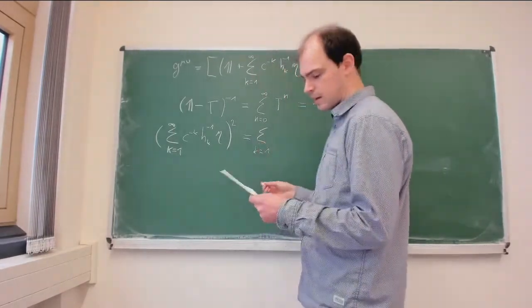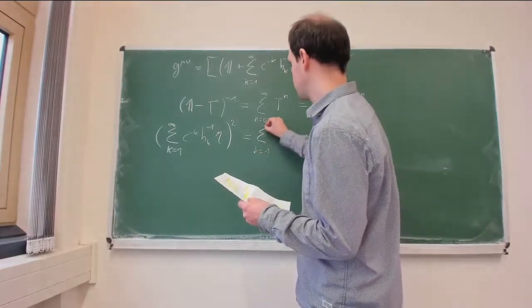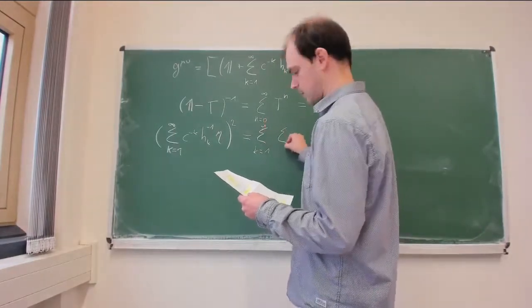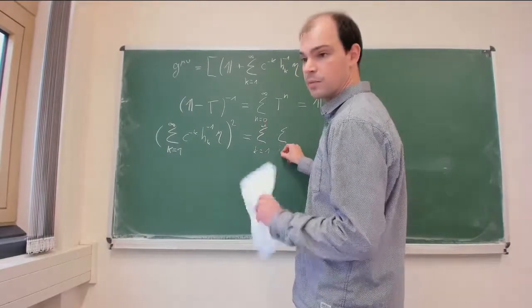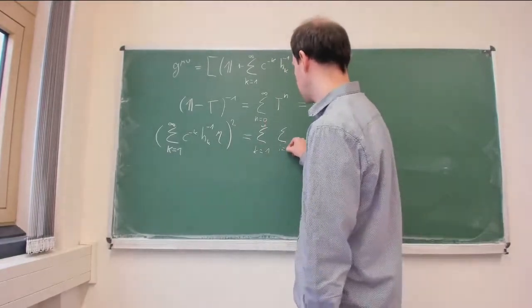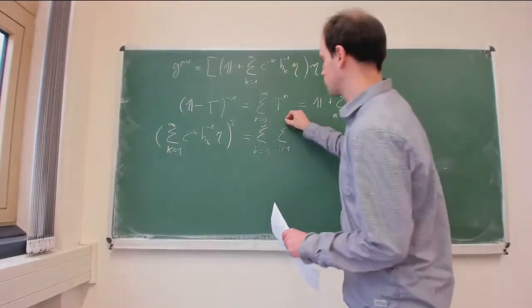So you get k running from 1 to infinity, and you get a second sum with an index which we call i, which runs from 1 to k.